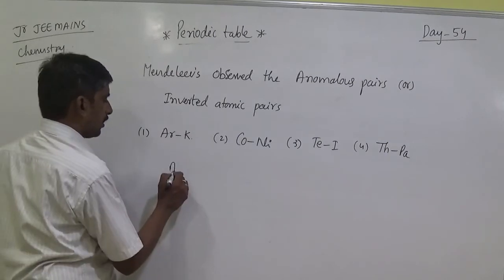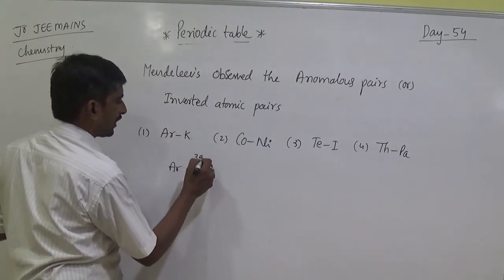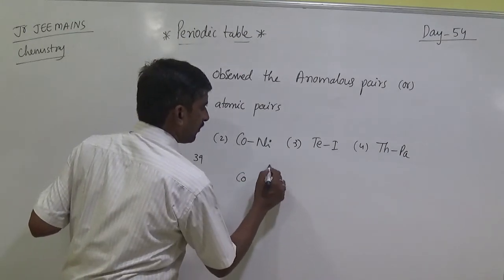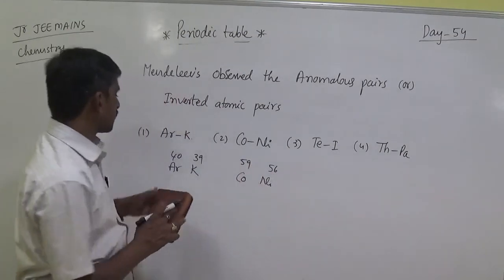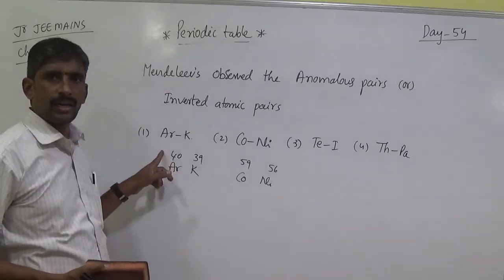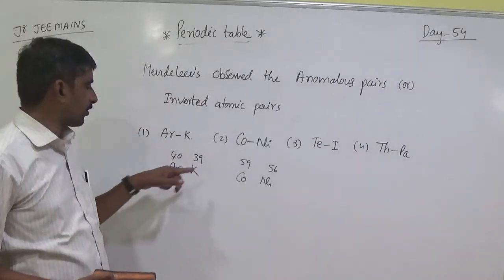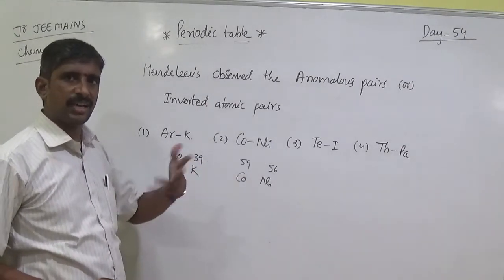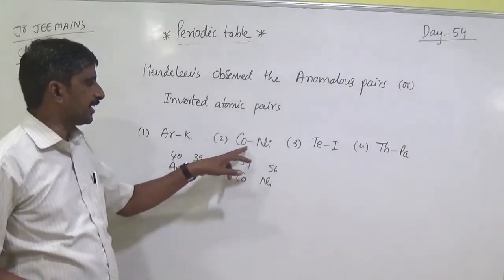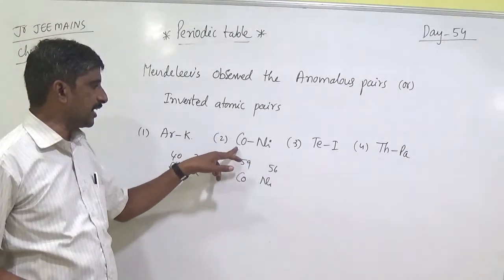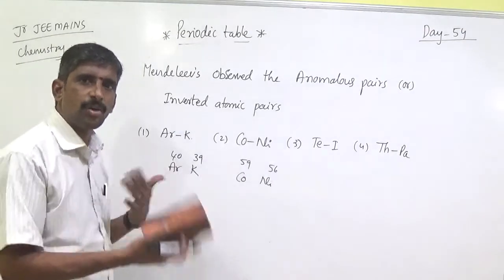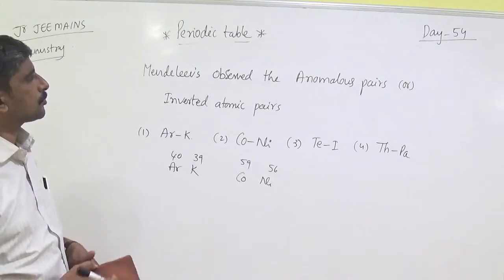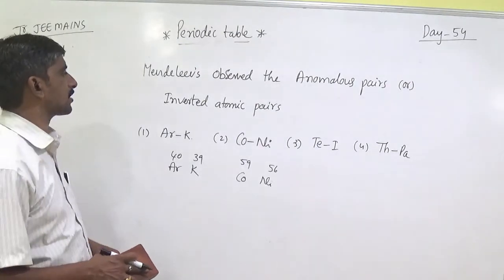Argon is 40 and potassium 39, cobalt is 59 and nickel 56. Actually argon should come first, then potassium, lower then higher, but here it is higher then lower. Cobalt first, nickel next, atomic numbers 27, 28, but the weights are 59, 56. These are inverted atomic weight pairs.